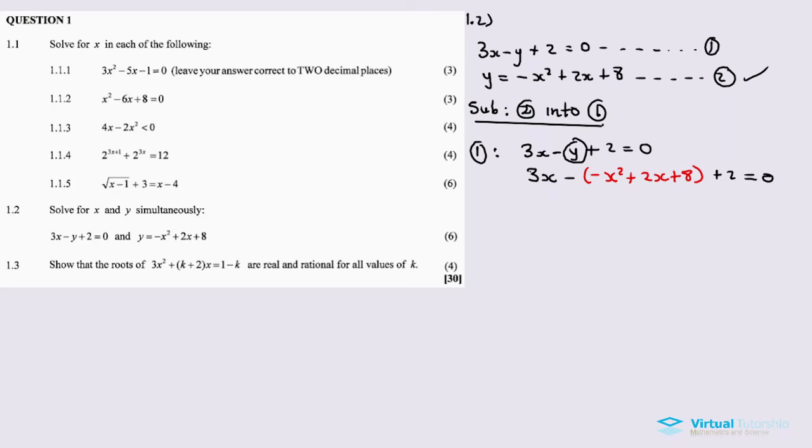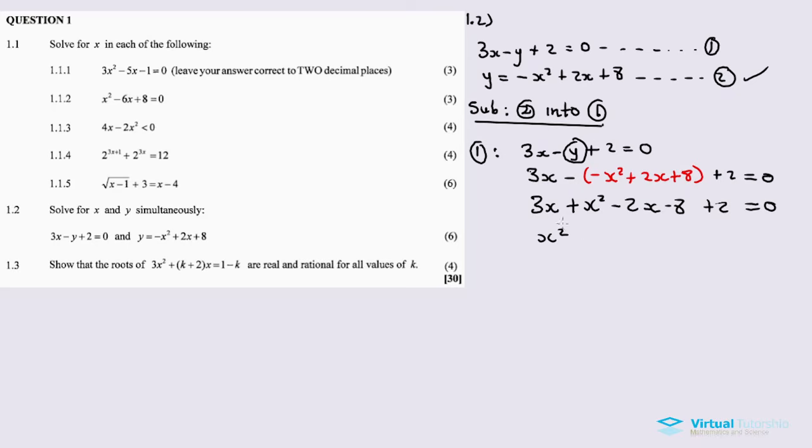Therefore we get 3x, and negative times a negative is a positive, so it's x squared minus 2x minus 8 plus 2 equals 0.